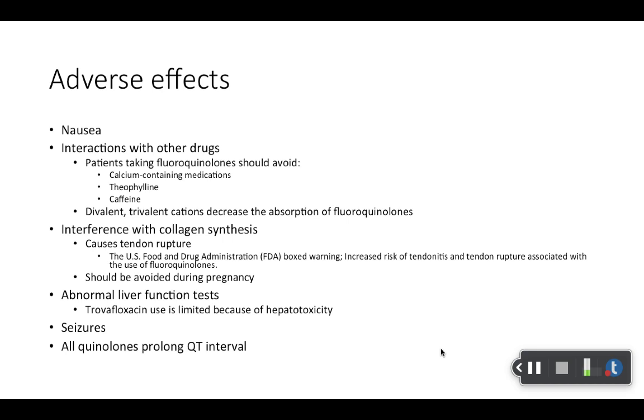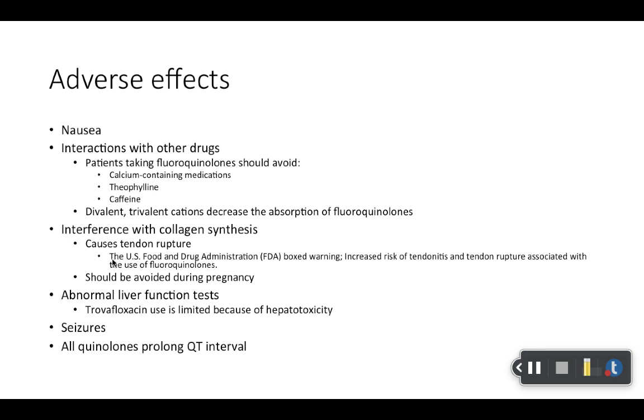And then theophylline's a seizure medication that it causes increased levels of, and that may actually lead to some toxicity or some adverse effects with theophylline. We'll talk about theophylline later in the pulmonology module. It's an older asthma medication. It's not really popular, not really used that much, but it's there nonetheless.